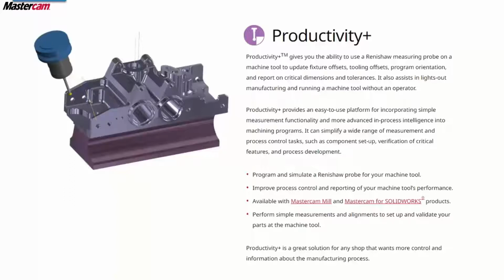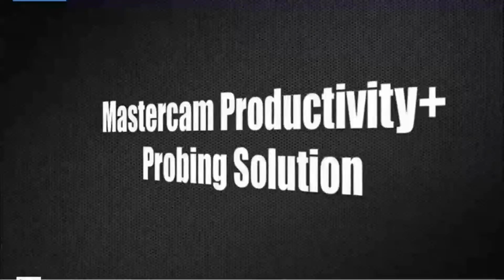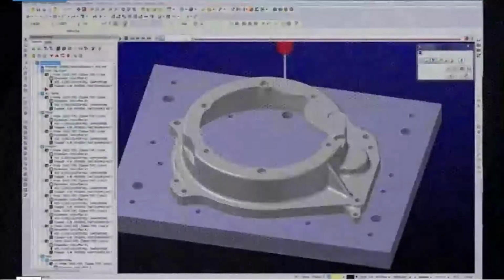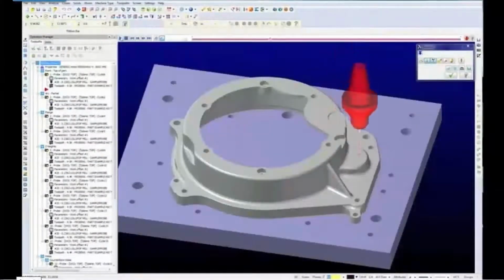If your machine is capable, Productivity Plus allows you to use Renishaw probing within Mastercam and program for it that way. A lot of functionality there. Not only for doing your setups and finding zeros, but for checking, let's say, bore sizes, slot sizes, checking true position, a lot of different things that Pro Plus can do for you within your machining environment.